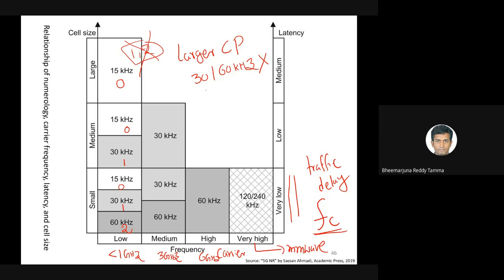In the case of 15 kilohertz, we have a larger CP. That's the reason why you see that, even though we can have 3 different numerologies available, when you take a spectrum band below 1 gigahertz, the operator has to choose one of the numerologies depending on whether they are creating small cells, macro cells, or medium size cells.